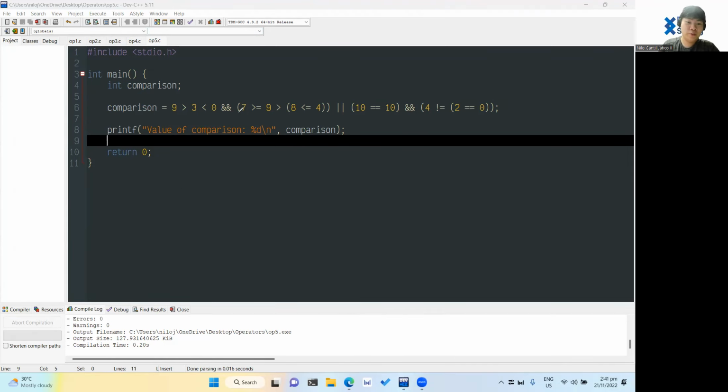So here we have a series of parentheses. But we have to solve first the innermost parenthesis. So let's check. Is 8 less than or equal to 4? No. So that is 0.